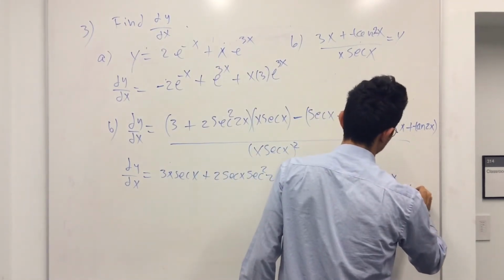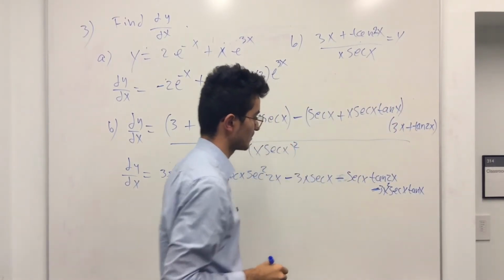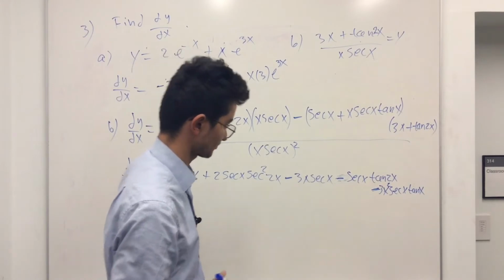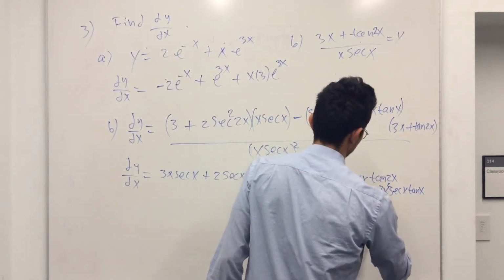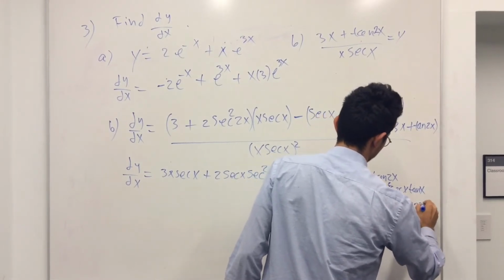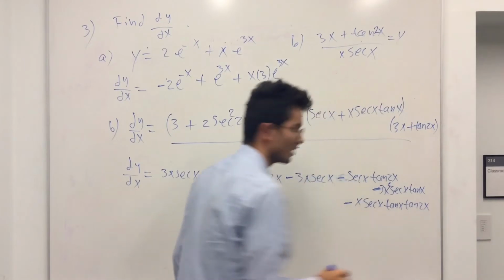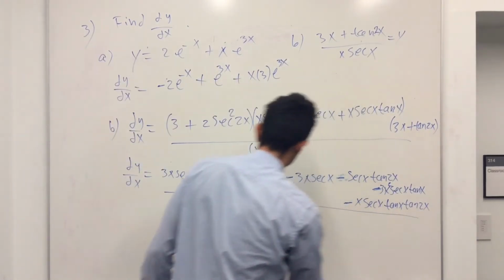That's very tedious, as you can see. And then finally we have minus x secant of x tangent of x tangent of 2x. See, it's very tedious, so I don't know if you are going to be required to simplify these expressions when you take derivatives.